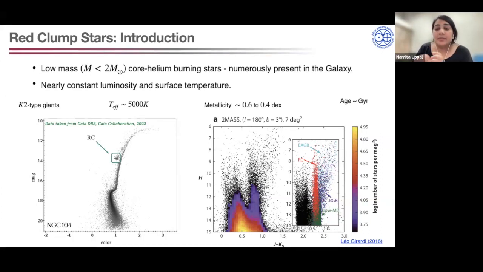In this, we can see that different kinds of population are present: RC means red clump stars, AGB stars, RGB stars, as well as low mass main sequence stars and also foreground population. Here we can see that the second dense region is populated by red clump stars. There are other kinds of population also present, but the second dense region here is dominated by the red clump stars.